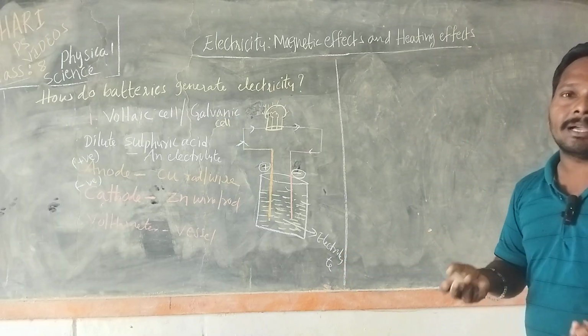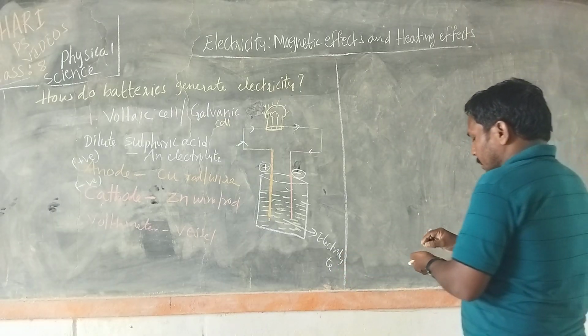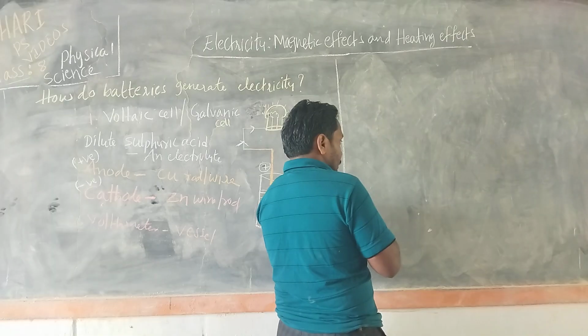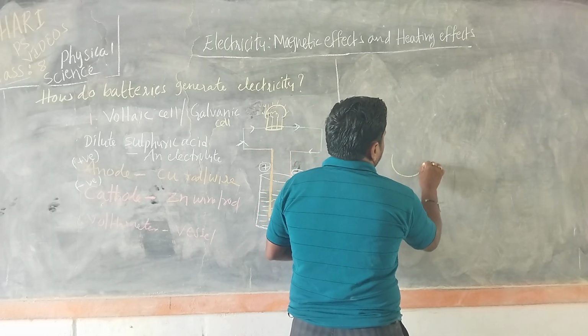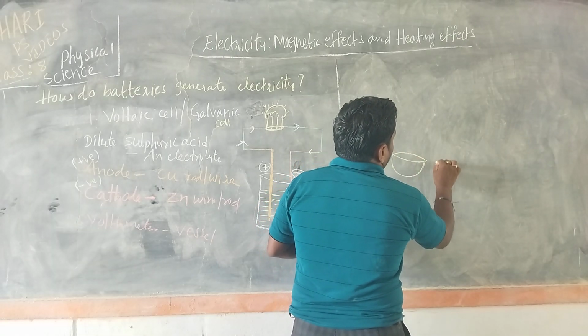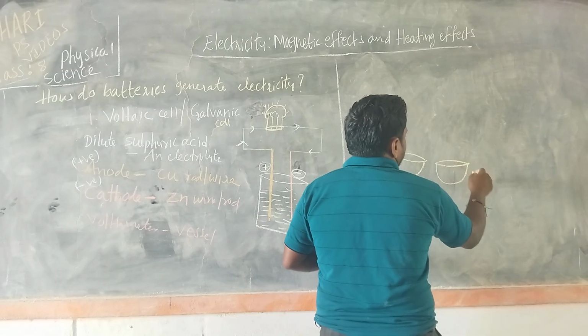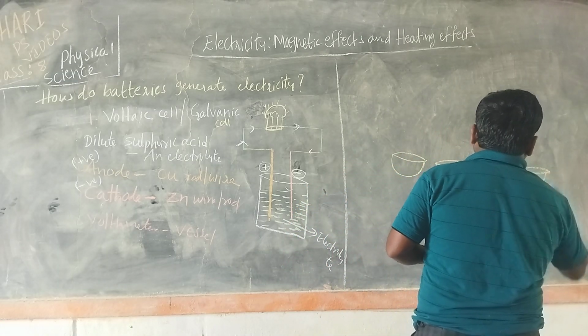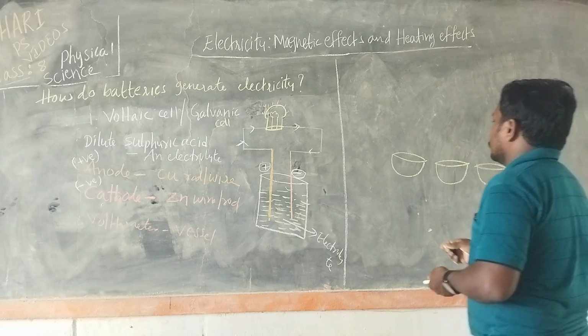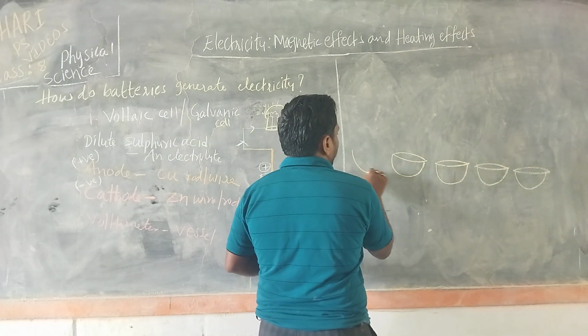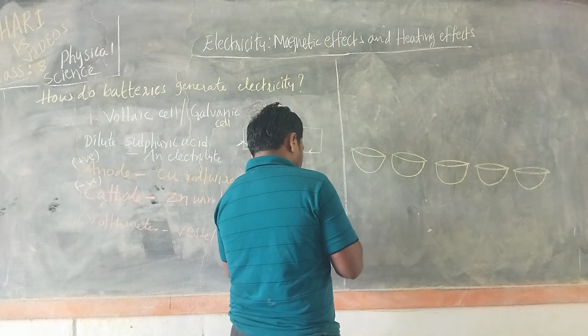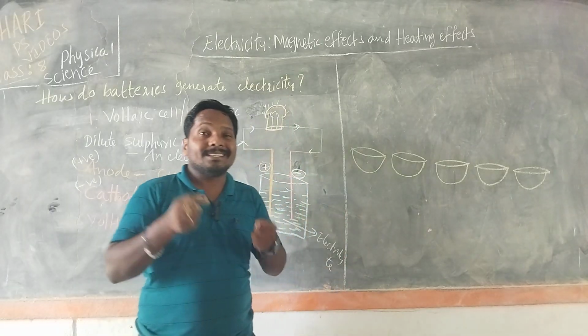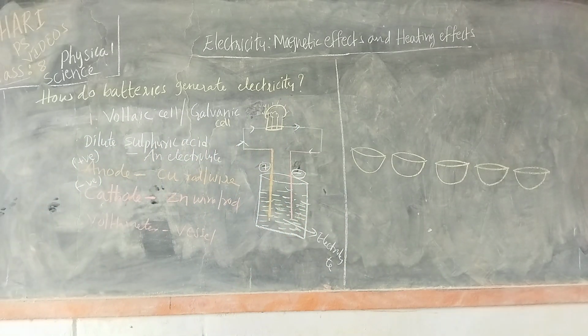We can also construct our own voltaic cell using chemical substances or lemons. Take two or three lemons and cut them into halves. Then insert different metallic wires, copper strips.